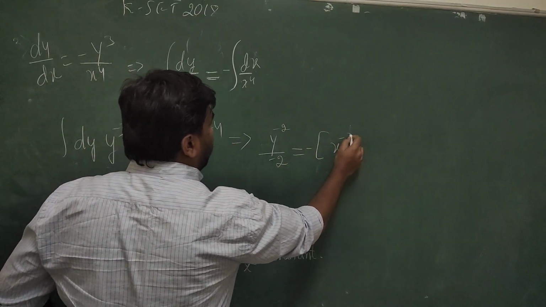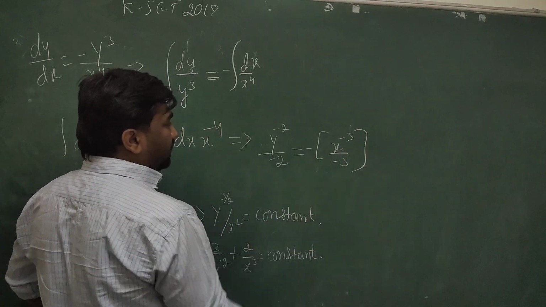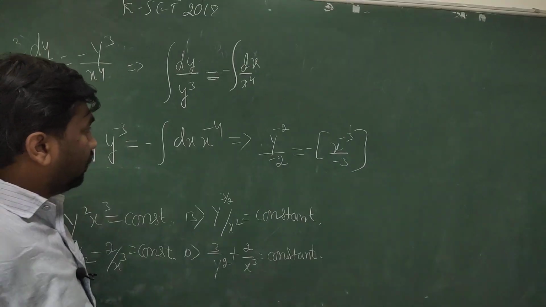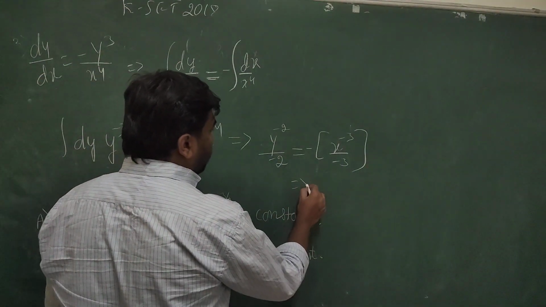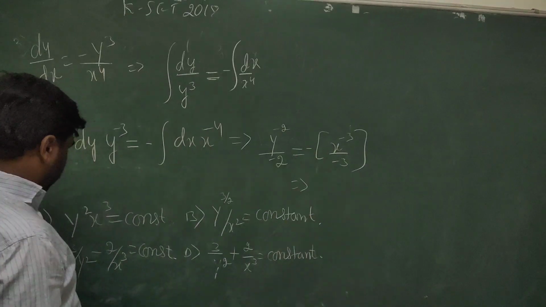So x power minus 3 divided by minus 3. So minus into minus is plus, and again here minus. After simplification, see, minus into minus plus.